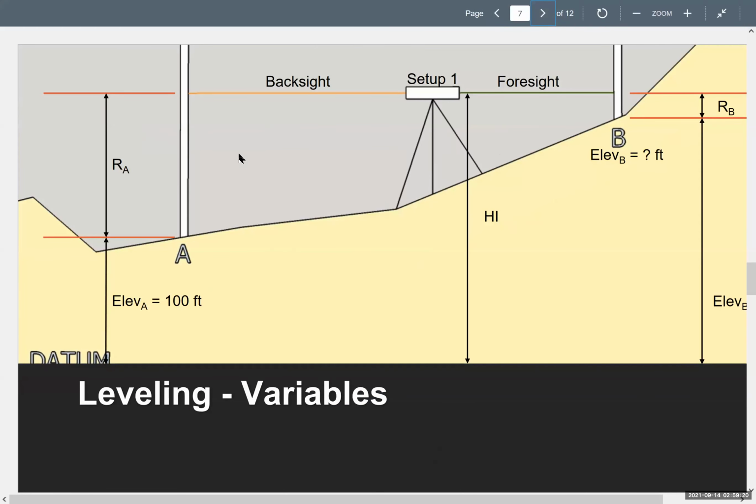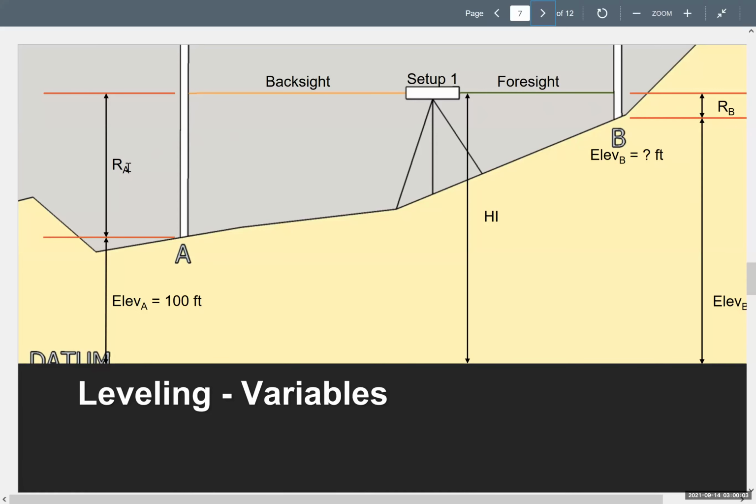Okay, lots of stuff going on. Let's look at A first. So A has an elevation of 100 feet, and I measure it from the ground surface at A down to the datum. So the datum is like a horizontal line. Then capital R_A is the rod reading at point A, which is really referred to as a back sight, BS. Then I turn the level, and now I take a foresight, which they're representing as R_B.